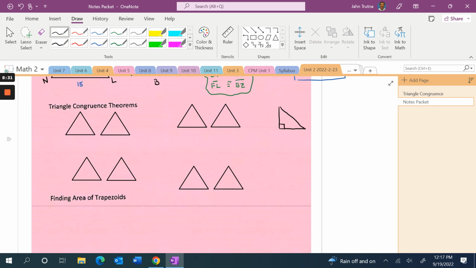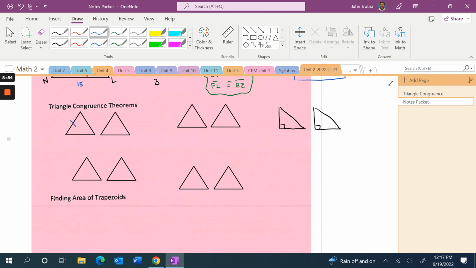These are what are known as the triangle congruence theorems. And what mathematicians found out is that there are 5 theorems that prove one triangle is congruent to another triangle. Okay, here is the first theorem right here.